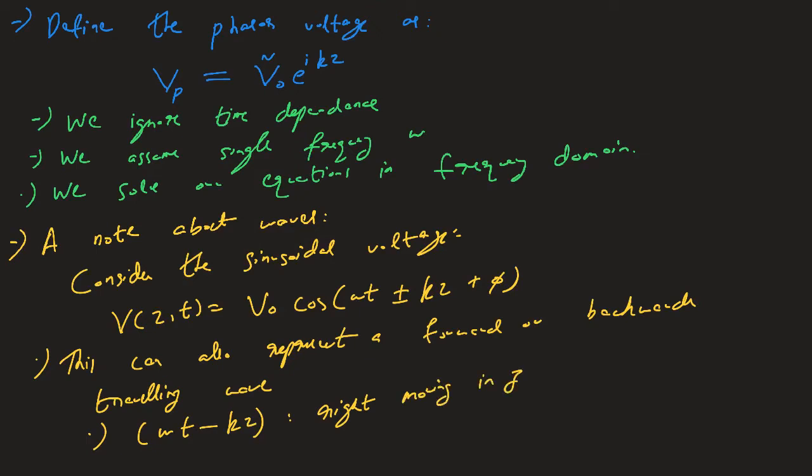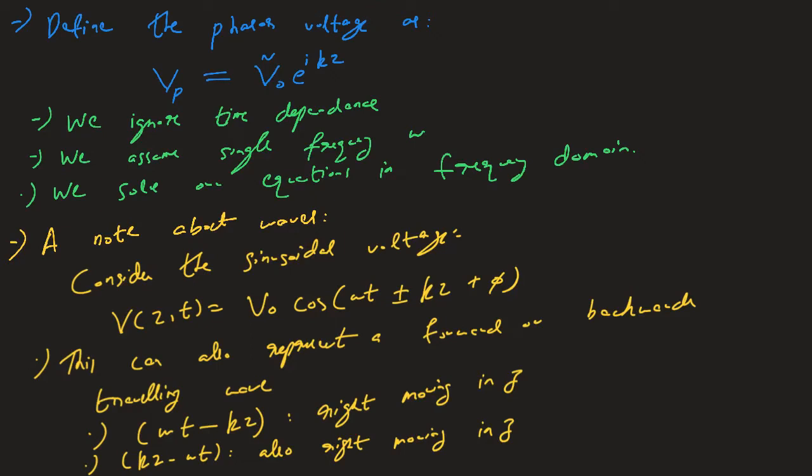And similarly, if you have kz minus omega t, this is also right moving in z.